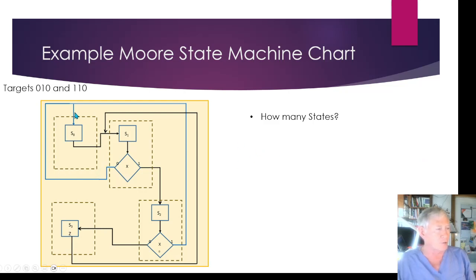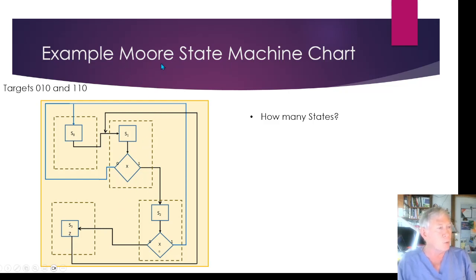Note the dashed lines are our state blocks. This is our state box, but the dashed lines are our state block. Here's S1. Every block must have one state box and only one. It could have decision boxes, and if this were a Mealy, it could have some conditional output boxes.